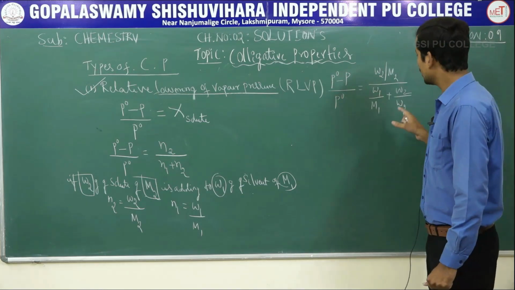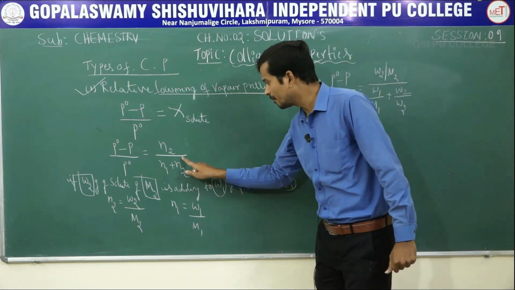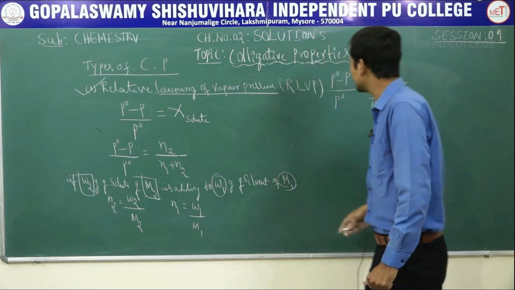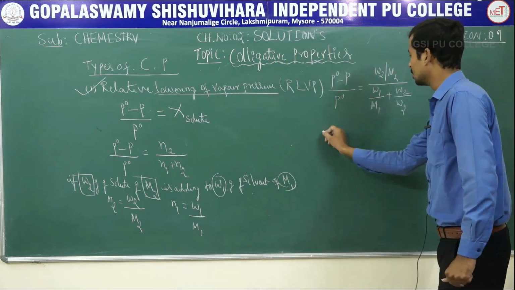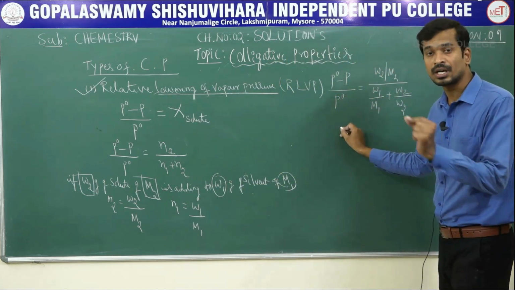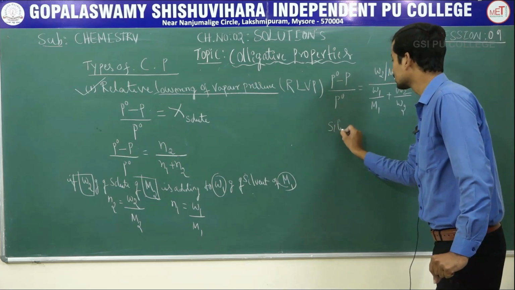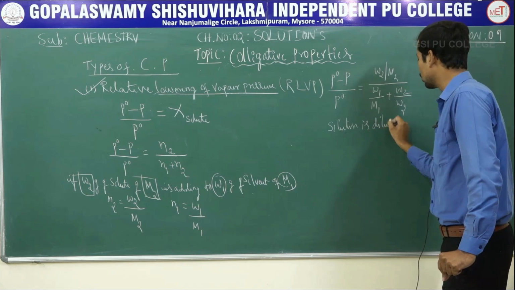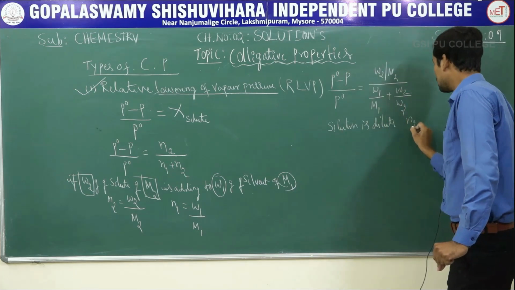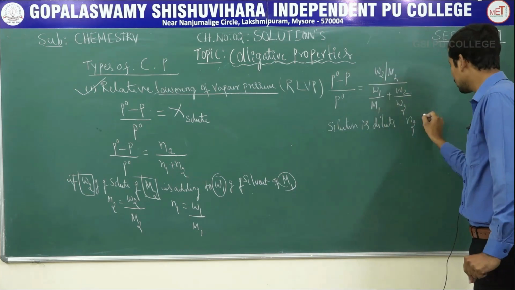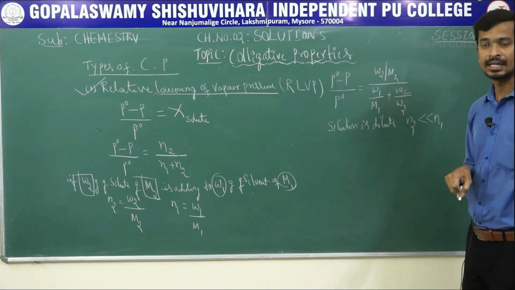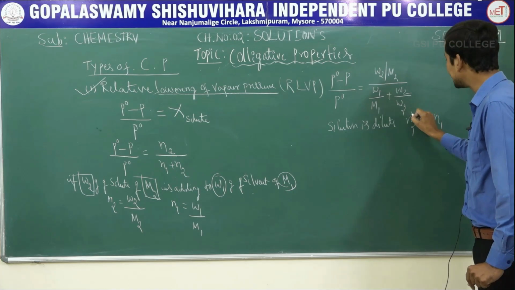Hence, the number of moles of a solute in the denominator can be neglected because the solution is dilute. Because the solution is dilute, the number of moles of solute N2 is very less than N1. Hence N2 can be neglected.